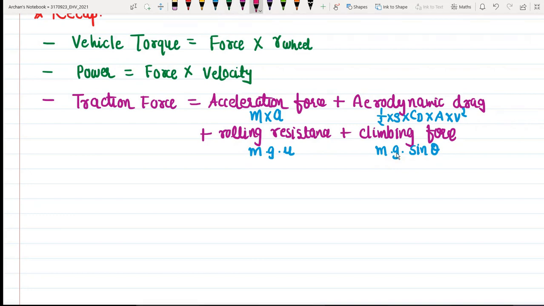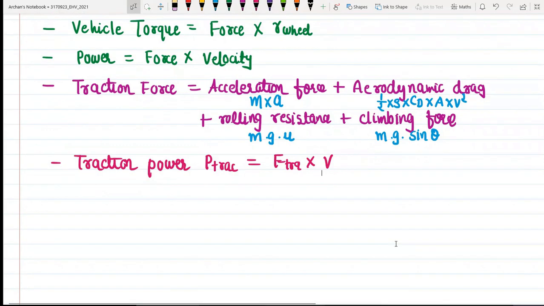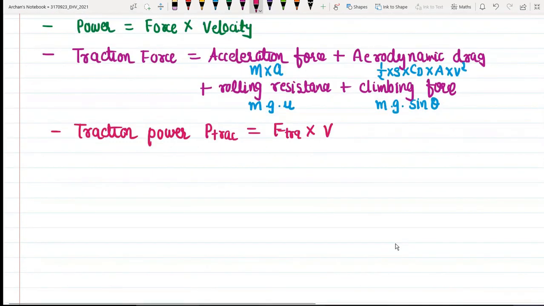The traction power, let us say P track, is nothing but the traction force multiplied with the velocity of the vehicle. Whenever you integrate this traction power with respect to time, we will be able to get the energy consumed by the vehicle.